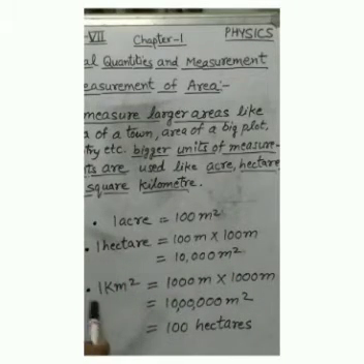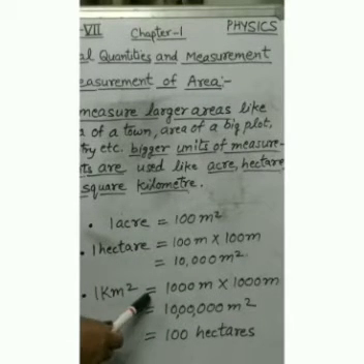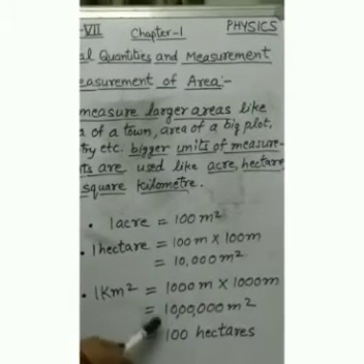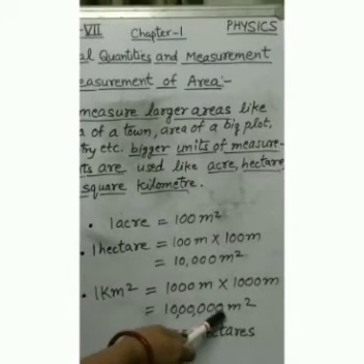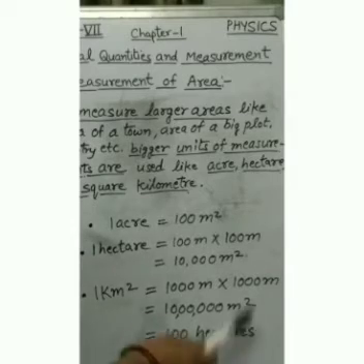And 1 square kilometer, kilometer means 1000. So 1 square kilometer is equal to 1000 meter into 1000 meter. That is 10 lakhs square meter or 100 hectares. So 1 square kilometer is equal to 100 hectares.